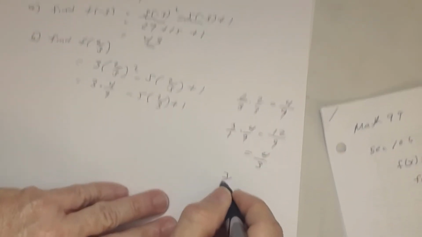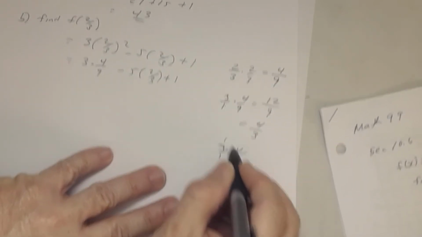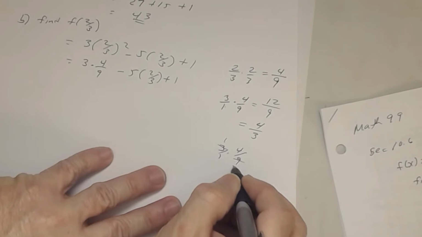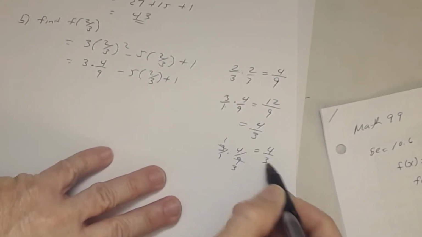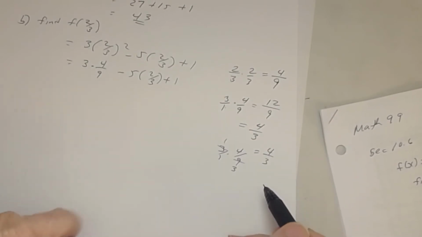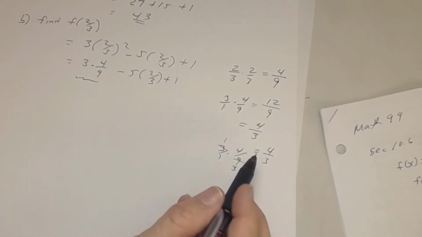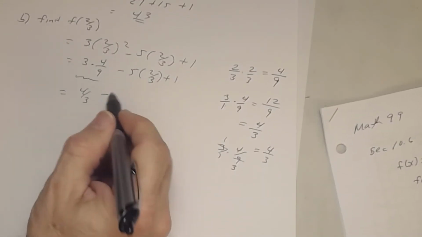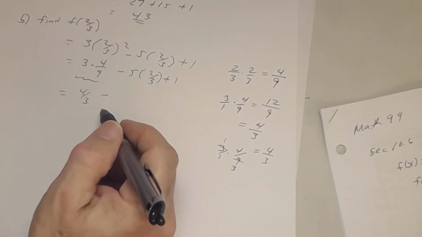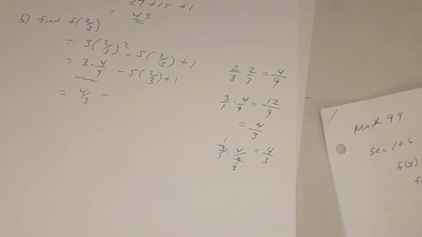If you reduce first, you would have said 3 divided into 3 is 1. 3 divided into 9 is 3. 1 times 4 is 4. 1 times 3 is 3. You get the same thing. Okay? So this right here is 4/3, correct? And then subtract, because a negative times a positive is a negative. What is 5 times 2/3? 10/3.